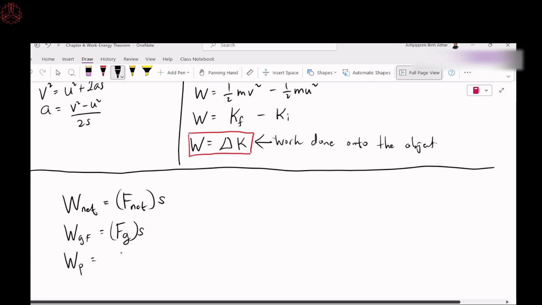A spring, then you'll have to consider only Hooke's law, so Hooke's law times s. It depends on what the force is. But if it's asking for net work done, you will have to figure out what is the net force on the object. Okay, so that's particularly important.